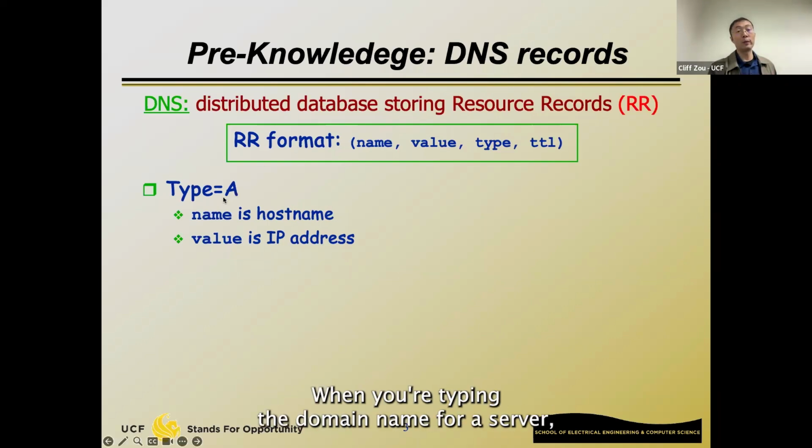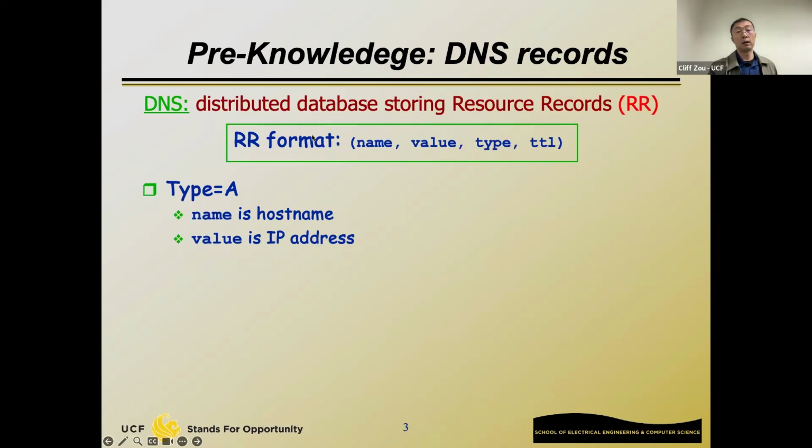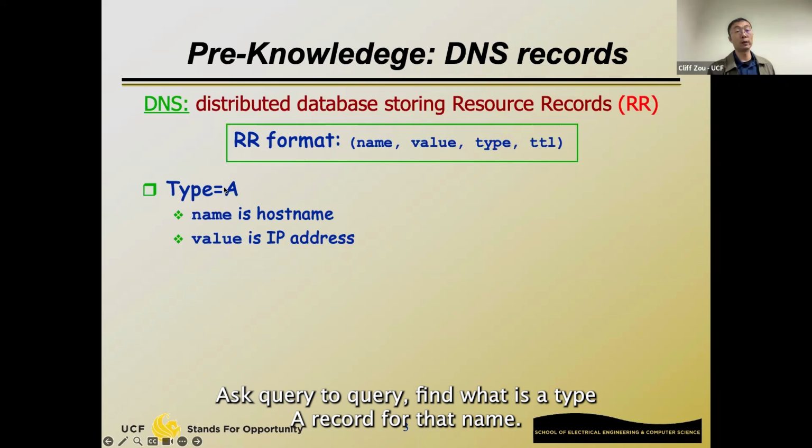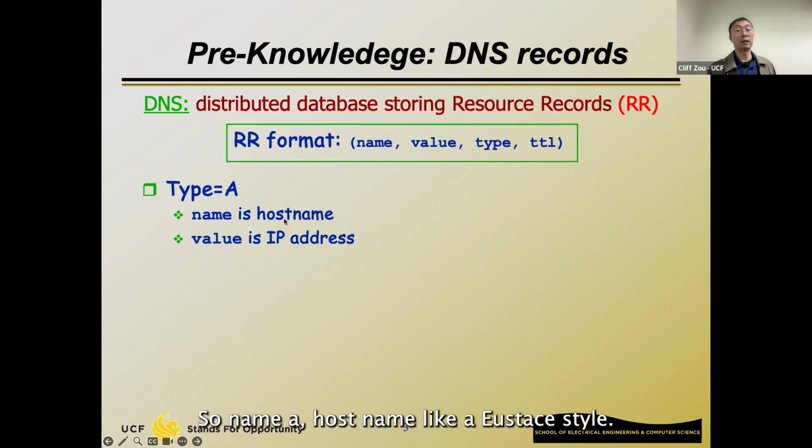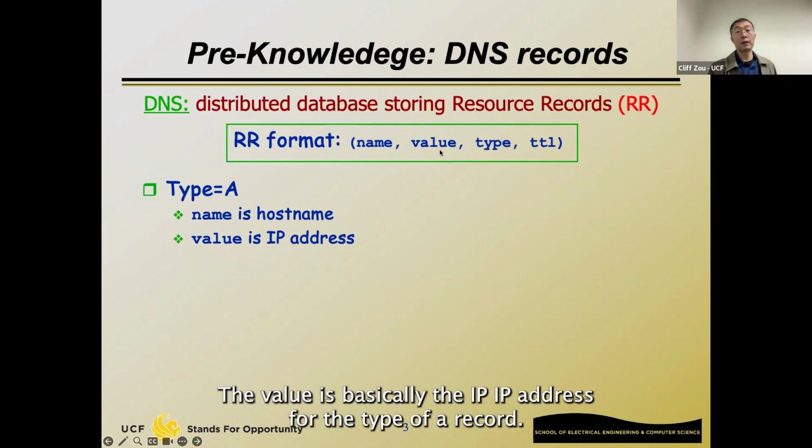When you type in the domain name for a server, your computer will basically do a DNS query to find what's the type A record for that name. So name is a host name, like eustace.ecf.ucf.edu. So that's a name. The value is basically the IP address for the type A record.